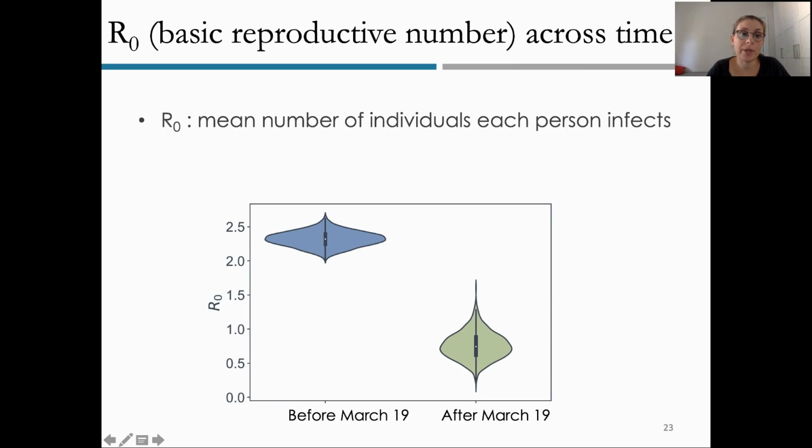First of all, we estimated R0, which is the basic reproductive number, which I mentioned a moment ago. R0 is the mean number of individuals each person infects. And we inferred that before lockdown, this number was about 2.3, somewhere between 2 and 2.5, and that after lockdown, this number dropped to 0.7.